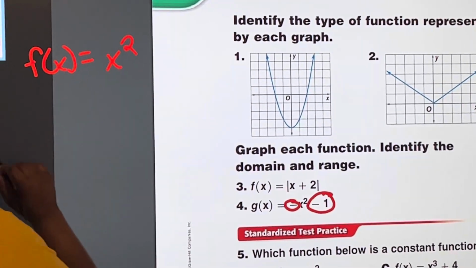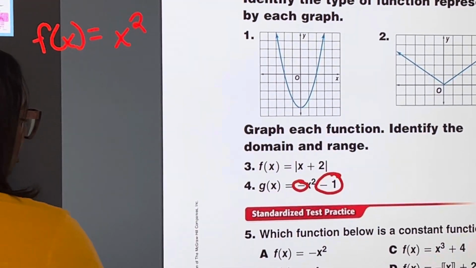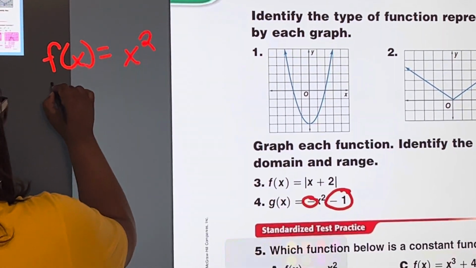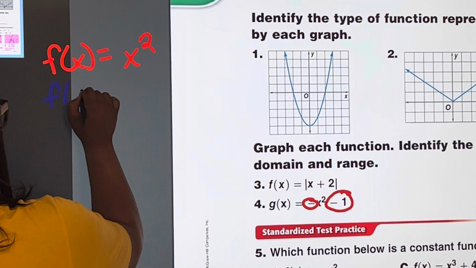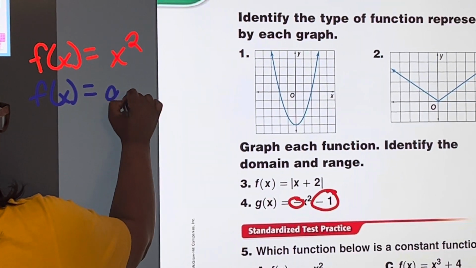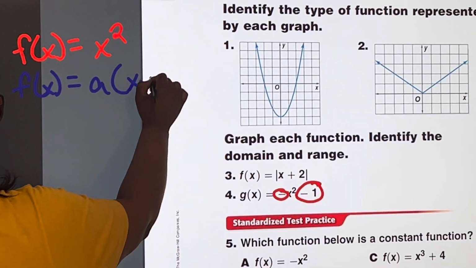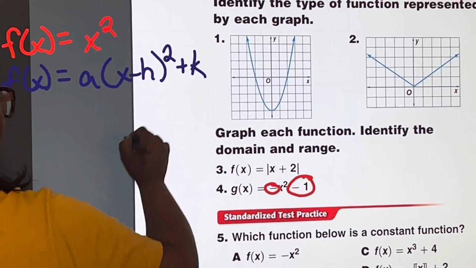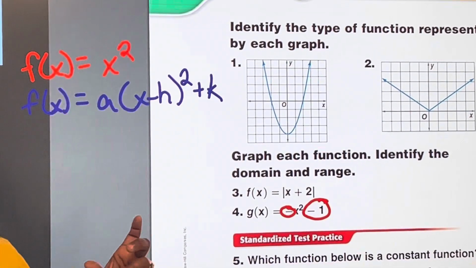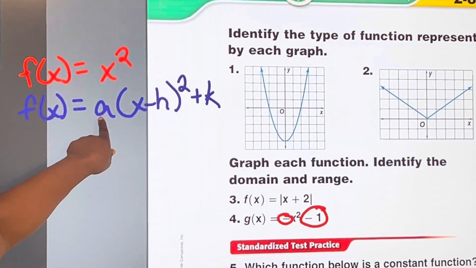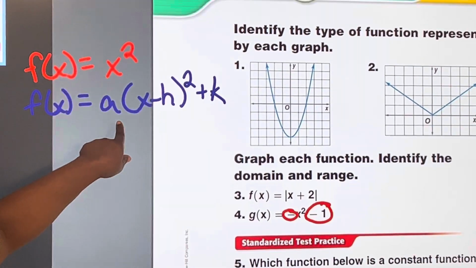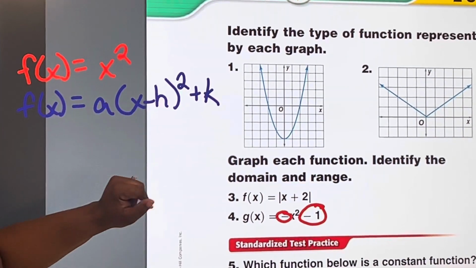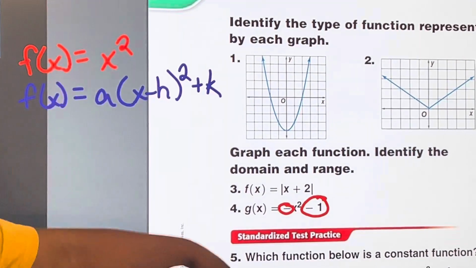That's any quadratic parent function. And then my transformative function is going to be f of x equals a times parentheses x minus h squared plus k. The exact same thing we just saw in absolute value, where a either stretches or compresses or reflects, h shifts it left or right because it's inside parentheses, and k moves it up or down.